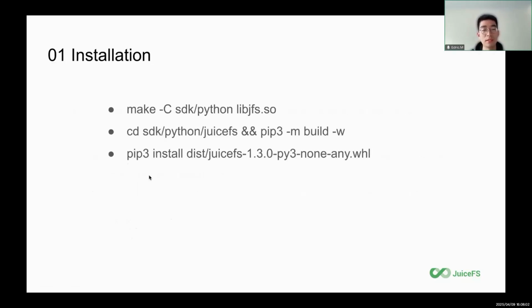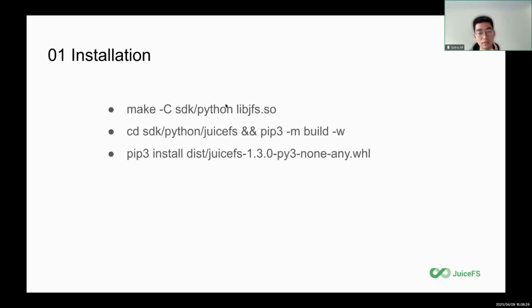Our current Python SDK has already been submitted to the Community Edition, and you can use this Python SDK by compiling from the source code. First of all, the Python SDK is based on the dynamic link library of the Java API or Java SDK we previously provided.